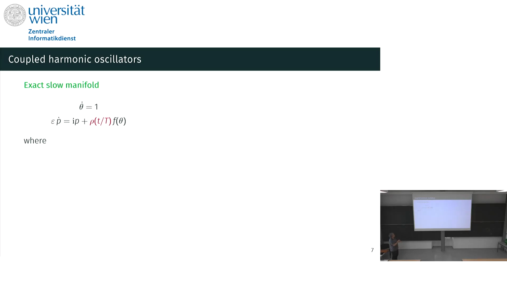One oscillator is written in action angle variables. It's just a harmonic oscillator, so the action is constant and not listed here, and the angle is going around the unit circle. Pretty trivial. The second harmonic oscillator is written in complex variables because it's easier than having a 2x2 system. And then there's this coupling function f, and I've already written the ramp here.